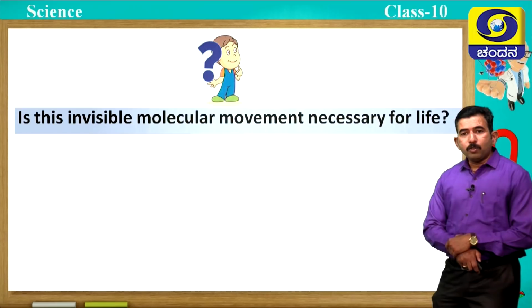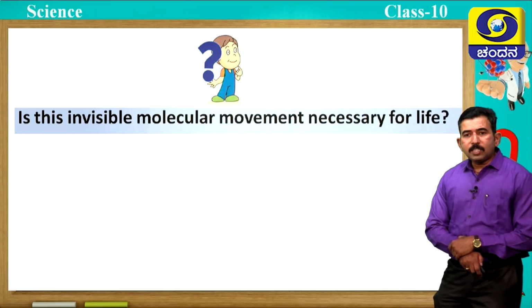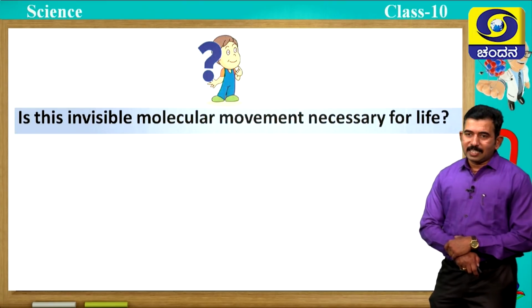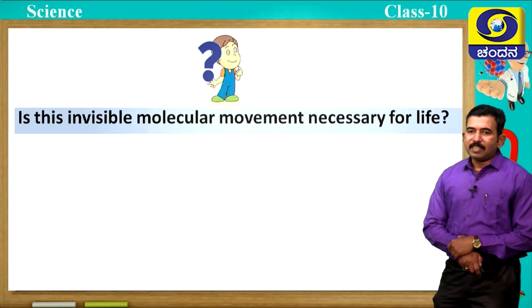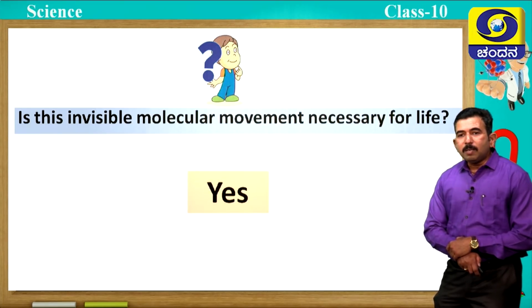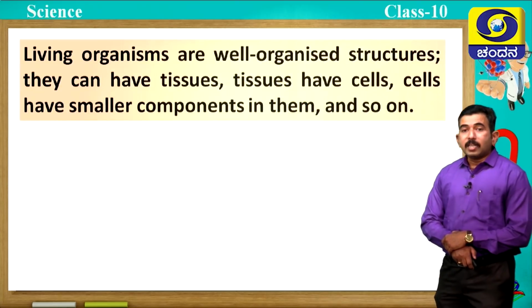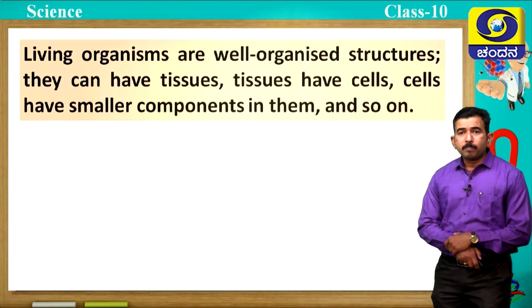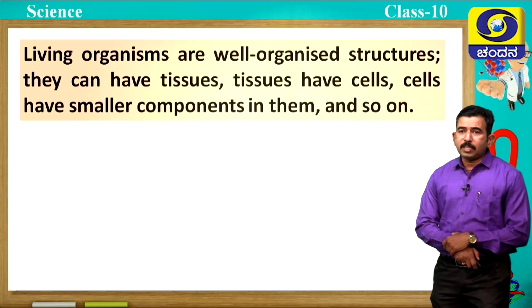Now, question for you: is this invisible molecular movement necessary for life? What is your answer, student? Yes, these invisible molecular movements are necessary for life because the cell is the basic unit of life.